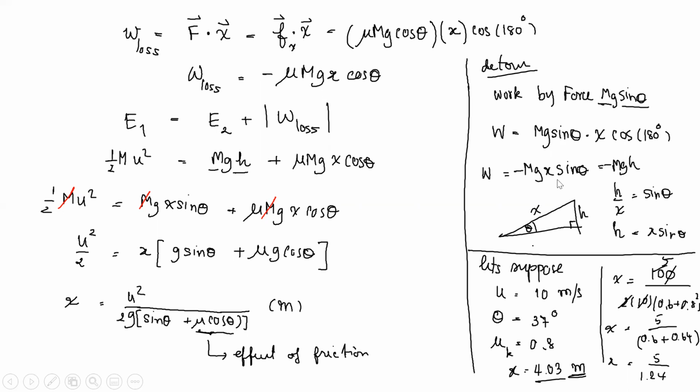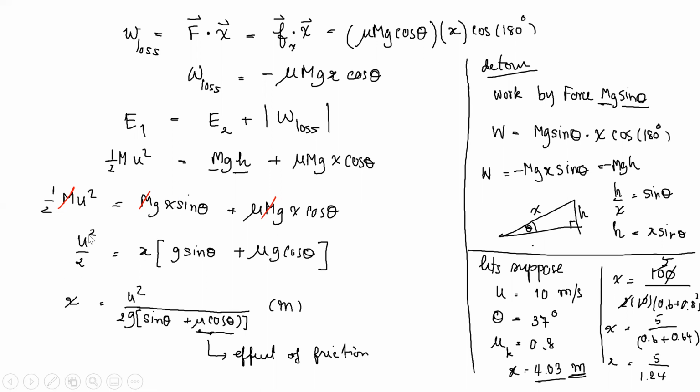By changing the h, let's detour a little bit. According to the triangle, the object moves up the ramp by distance x to reach the height h. So h over x is sine theta, or h is x sine theta. We can put h equal to x sine theta here.